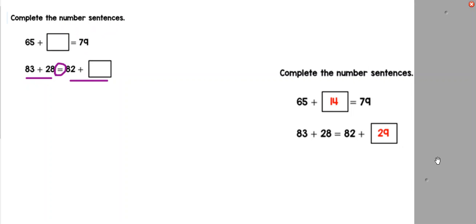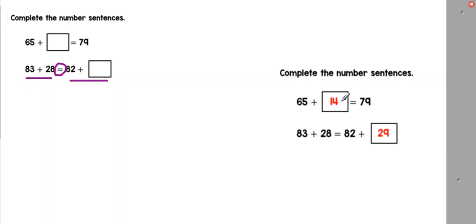Okay, then let's have a look at the answer. So hopefully you've got 65 add 14 is 79, because you should have done 79 minus 65. Or if you had wanted to, you could have put 65 in your head and counted on until you got to 79. And on this side, you should have the number 29.